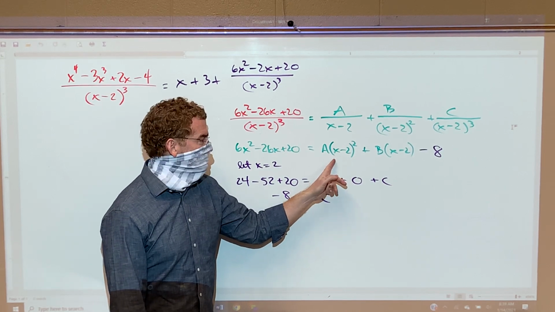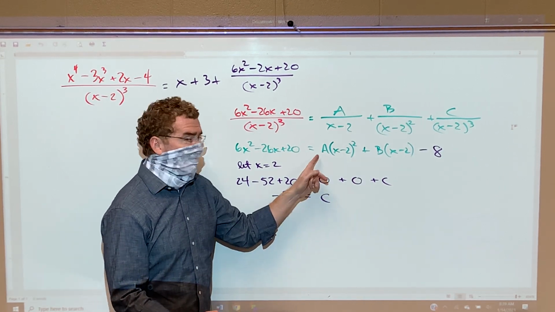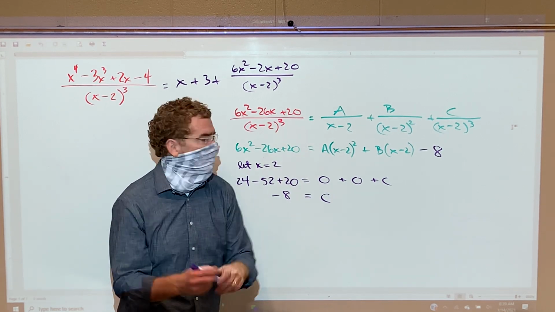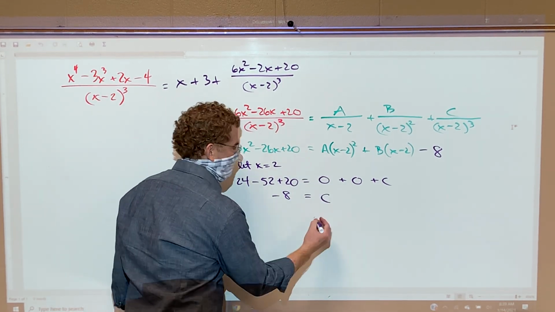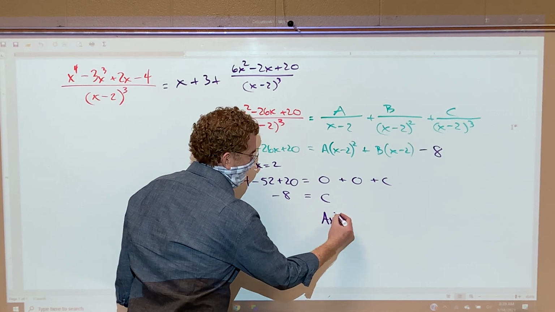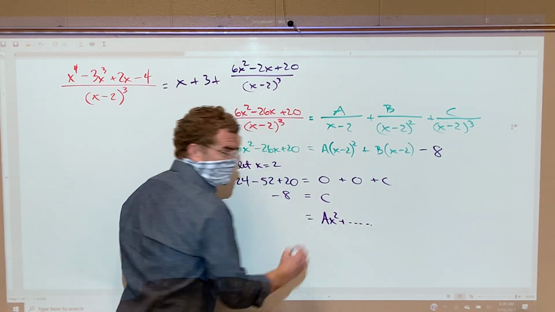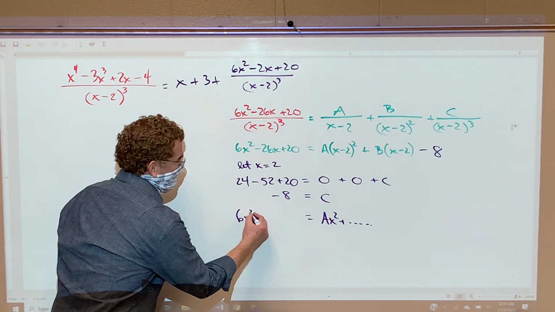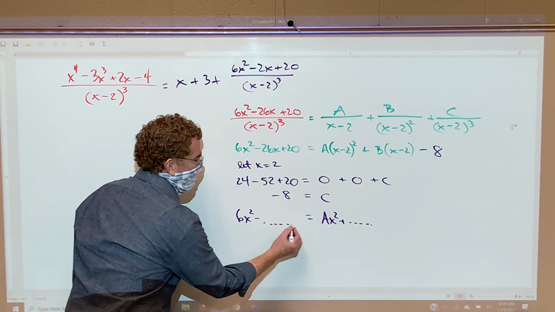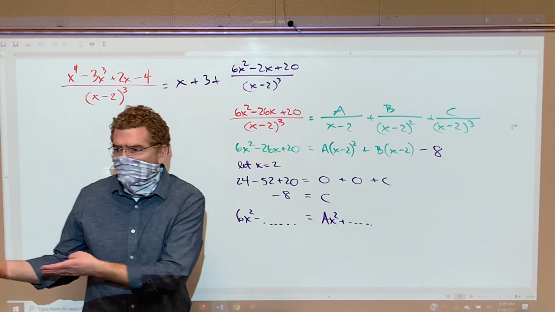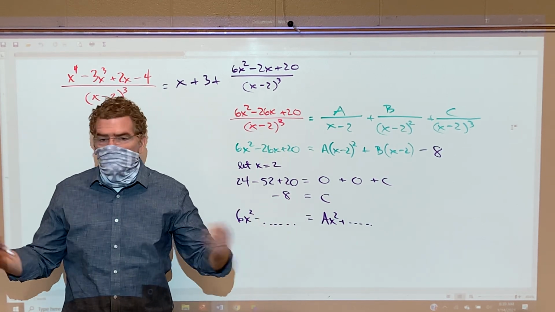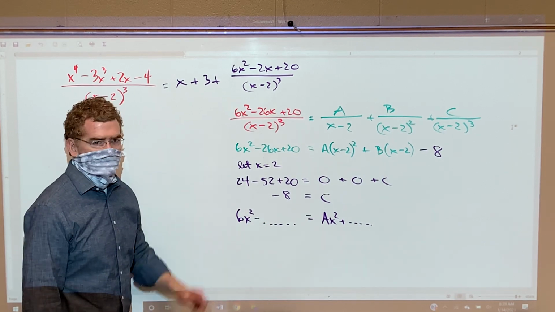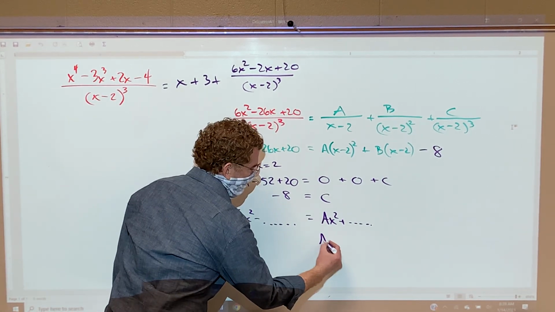Yeah, but it would be x squared minus 4x plus 4 times A. So the only x squared term I would have if I multiplied all this out would be Ax squared. Right? And if I look at the left side, the only x squared I have is the 6x squared. Well, if the right side and the left side are going to be equal for every value of x, what does that suggest? A is 6. Great.